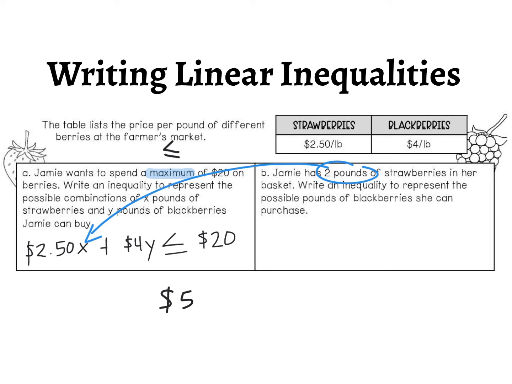She's already planning on spending $5 on strawberries. How much can she spend on blackberries if she still has the $20 limit? So then I write the rest of the inequality. Plus 4y has to be less than or equal to 20.